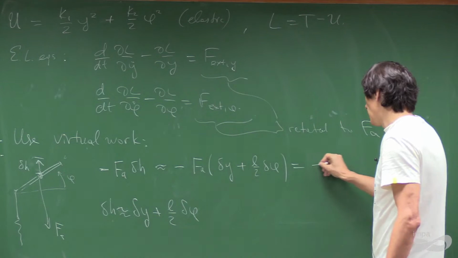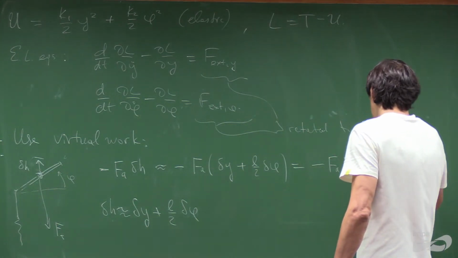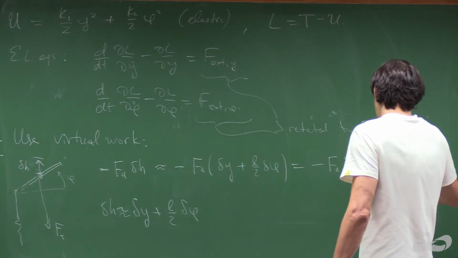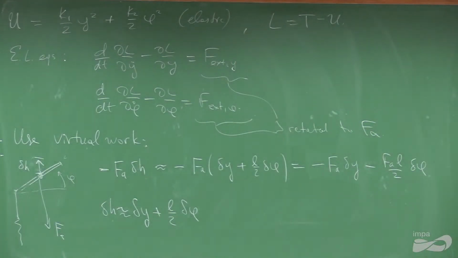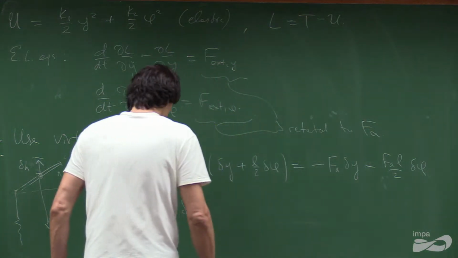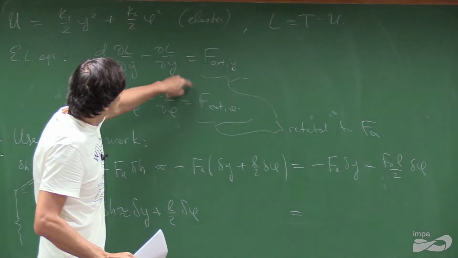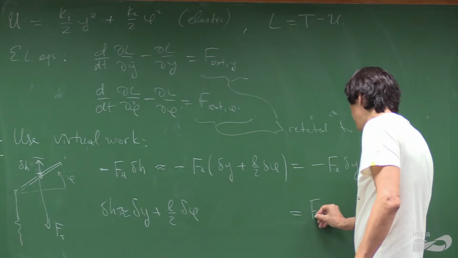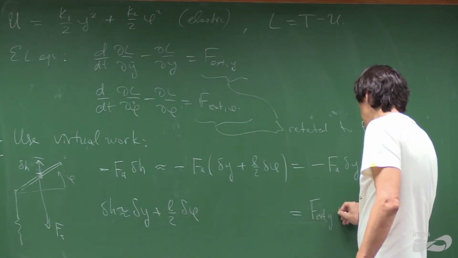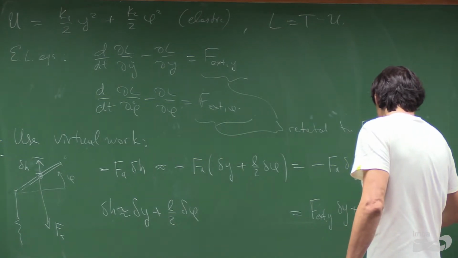And this is equal to minus Fa delta y minus Fa L over 2 delta phi. This is one expression, and another expression is that this should be equal to the work written in our original variables, our chosen variables. So it's f external y, delta y, plus f external phi, delta phi.